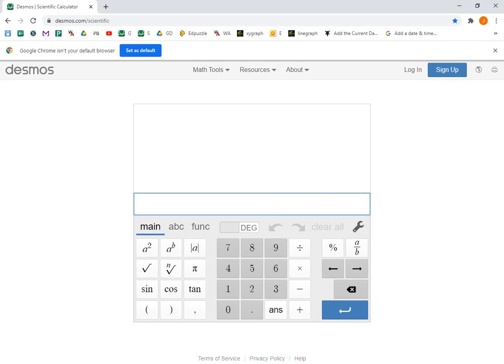If we say negative x squared plus 2x minus 5, hit enter, and then say x equals the one that we found, does it give me back the y value to be negative 4 in that case? So you can use that, okay?